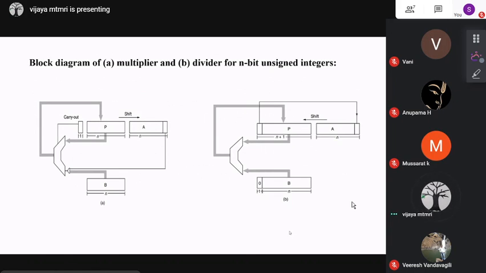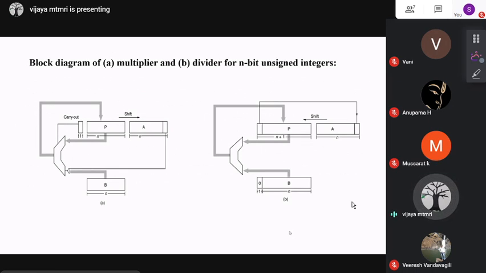Now registers p and a are shifted right, with the carry out of the sum being moved into the high order bit of p. The low order bit of p is moved into register a, and the rightmost bit of a, which is not used in the rest of the algorithm, is shifted out.